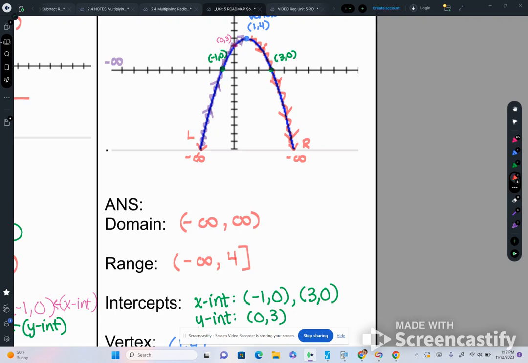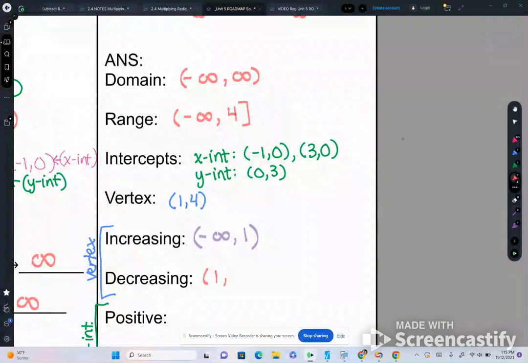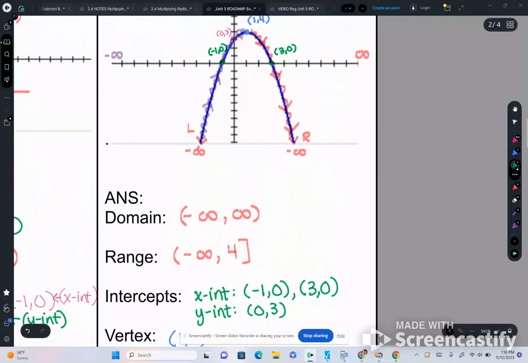Again, we only care about our x values. It's decreasing from x being 1 to infinity. And notice the x value of our vertex is how we get that increasing and decreasing.